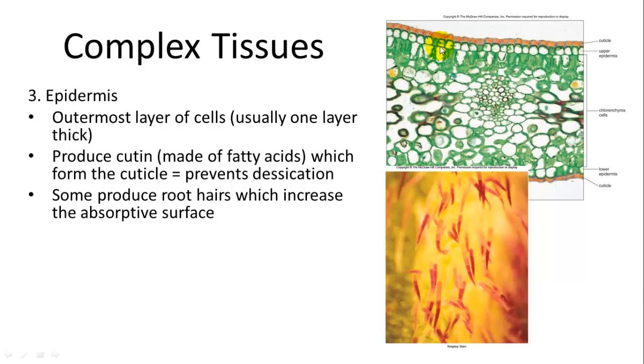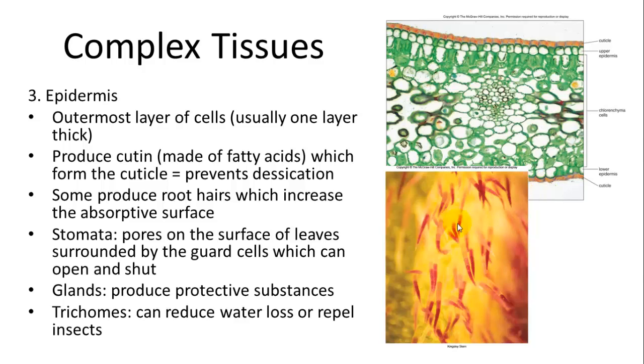So it's a hydrophobic substance which will keep water in and prevent the evaporation of water. Some produce these small little hairs. Well, this is a leaf hair, but some produce root hairs, which increase the surface area of the root so they can absorb more water.